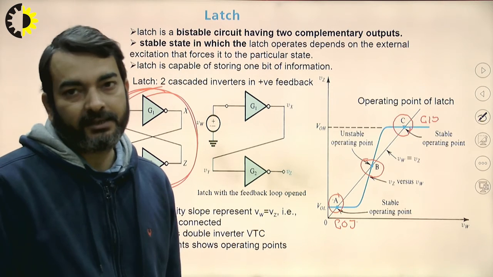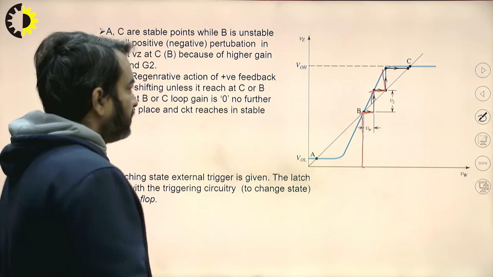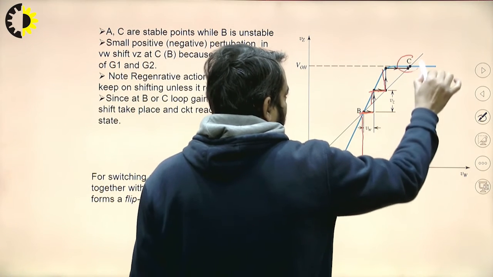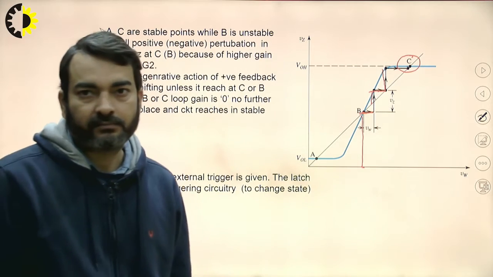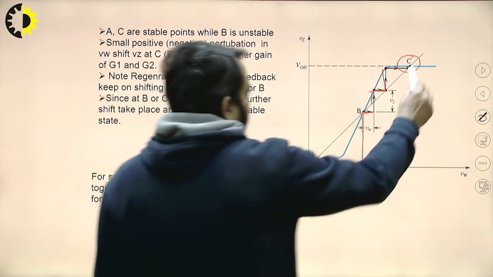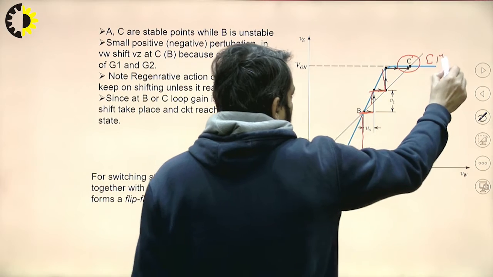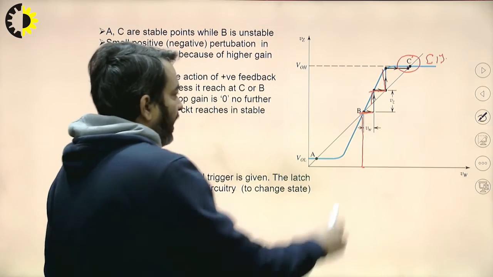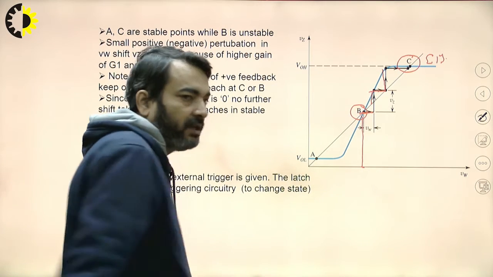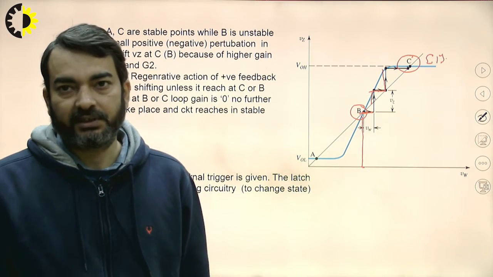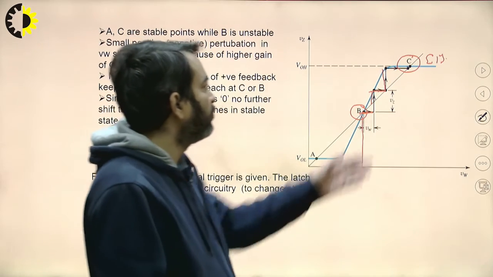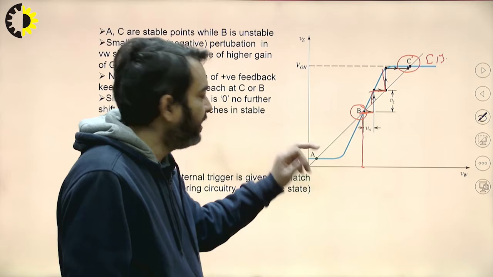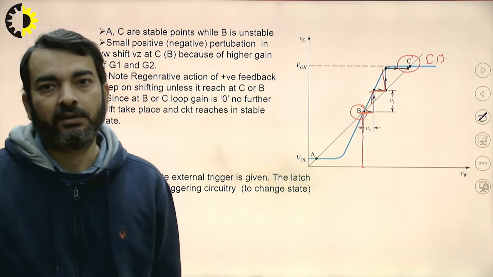This regenerative process will force the circuit in the present case to achieve the stable state corresponding to point C, and this will be logic 1. So the circuit cannot be stable indefinitely at this particular point. A small noise or perturbation will move the circuit either to point C, corresponding to logic 1, or to point A, corresponding to logic 0.